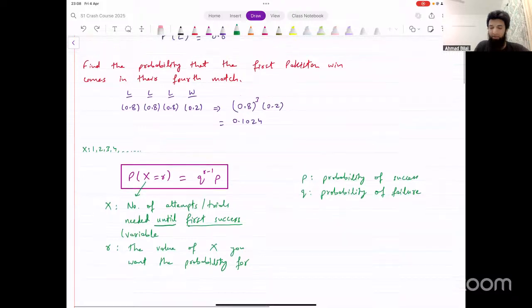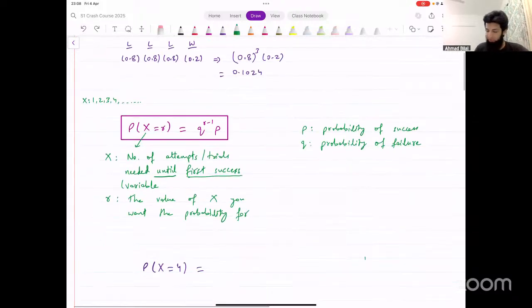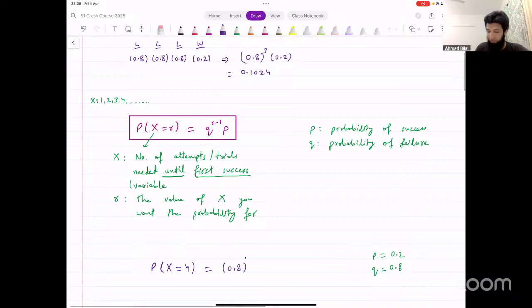Winning is what we're calling success, so p is equal to 0.2, q is equal to 0.8. Q raised to power r minus 1 means 0.8 raised to power 4 minus 1 times p, which is 0.2, and that gives the result 0.1024.